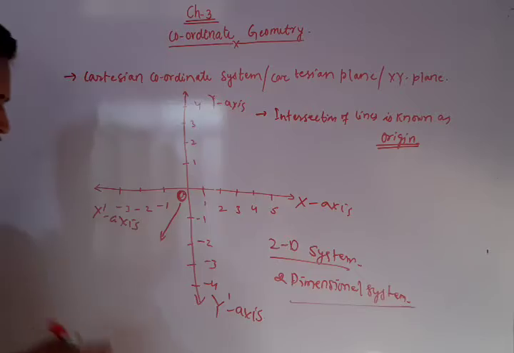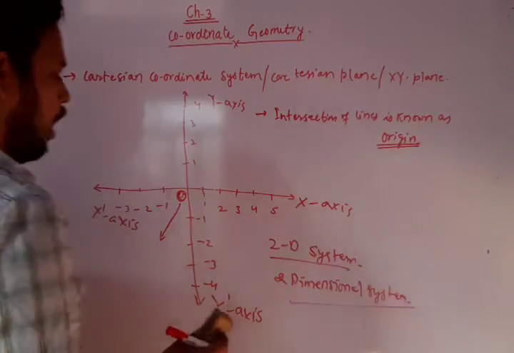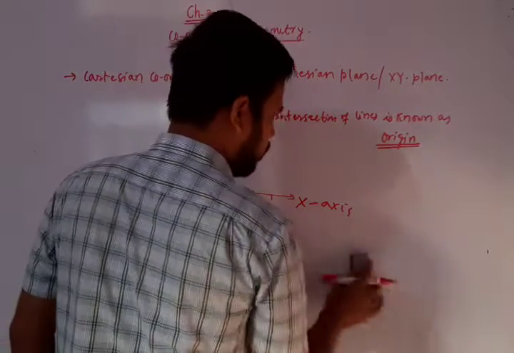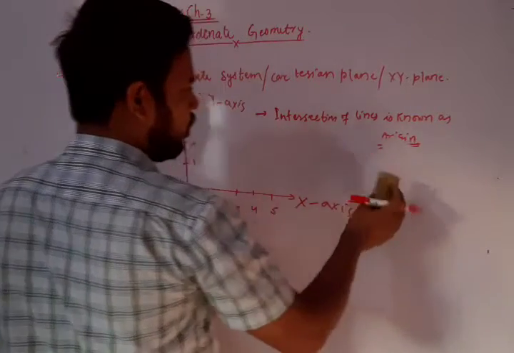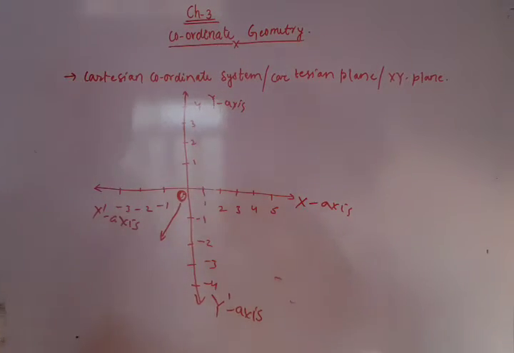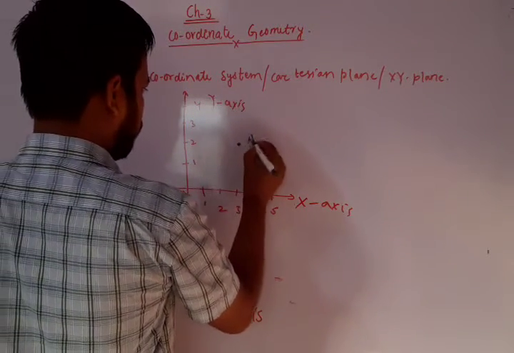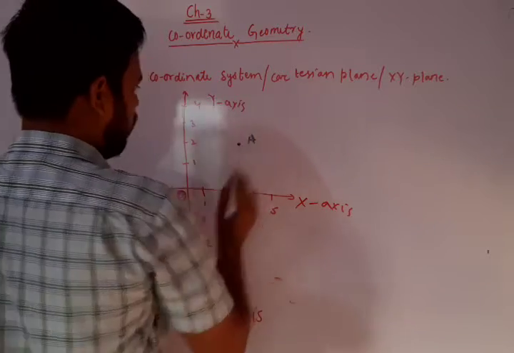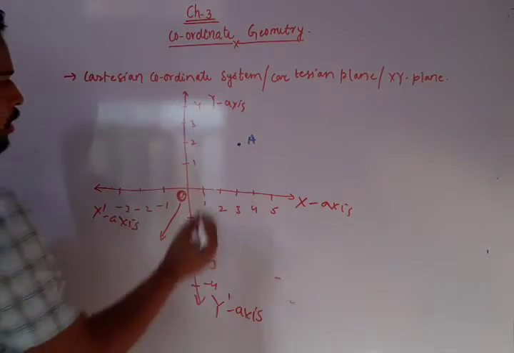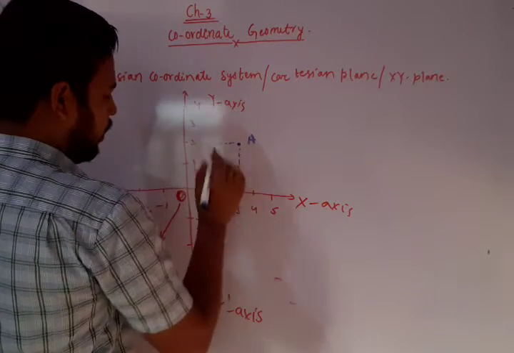Understood? Now, how is a point represented in the coordinate system? How do we represent a point in the coordinate system? Suppose this is a point A. Now the distance of point A from different axes.